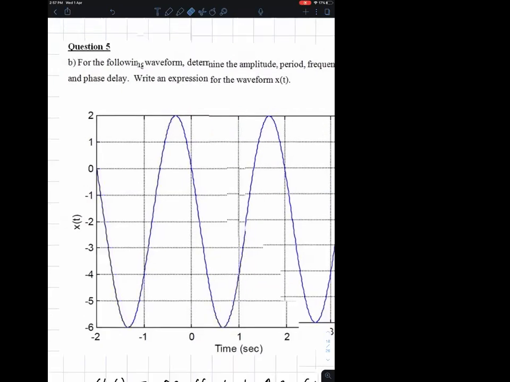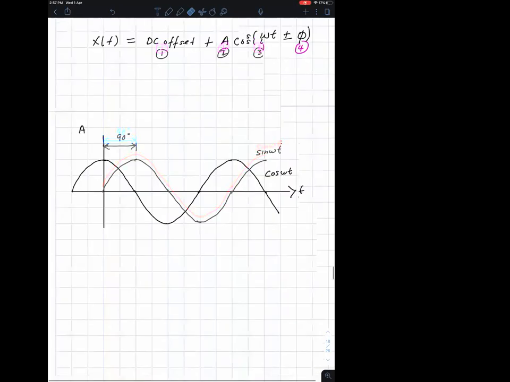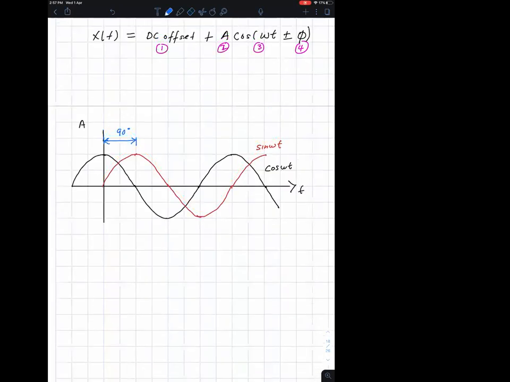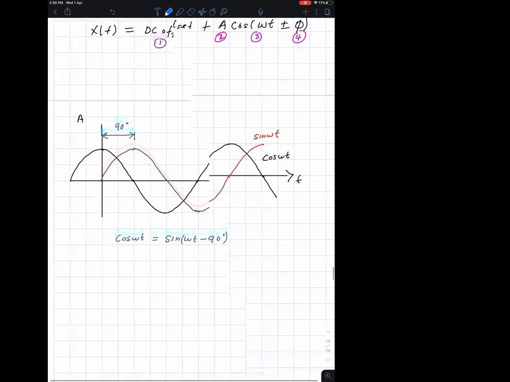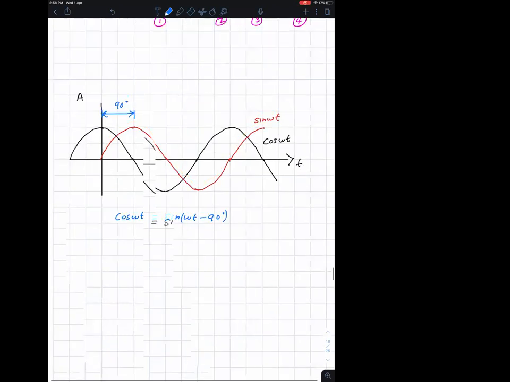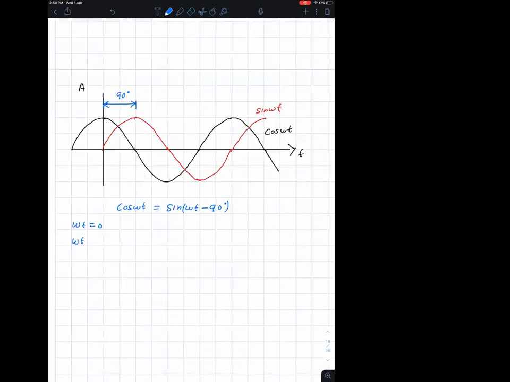I just wanted to do this review. For example, cosine omega t is the same as sine omega t minus 90 degrees. If you want to verify that, try to plug in some values for omega t: 0, 45 degrees, 90 degrees.